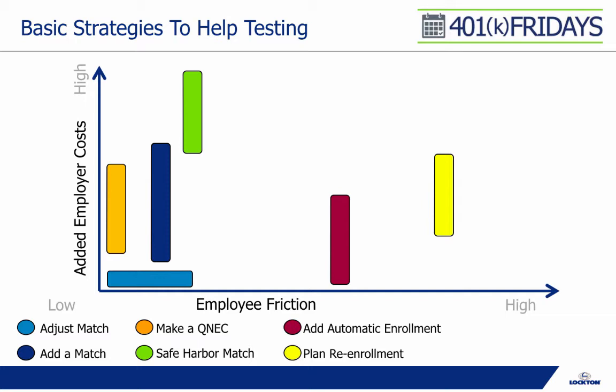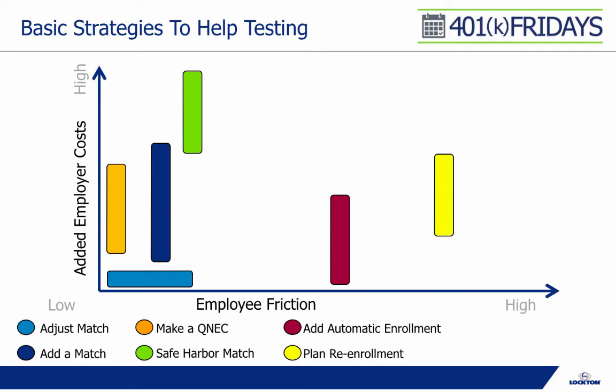So let's say you decide that 6% is the rate at which you're going to re-enroll all plan participants. Anyone who's eligible and not contributing at least 6% in the plan under plan re-enrollment would now be enrolled in the plan as of the date you make it effective. Anyone contributing 6% or more, they're not going to be impacted.